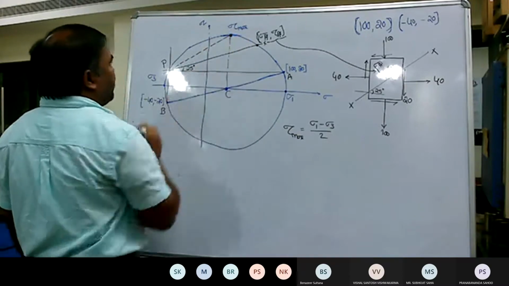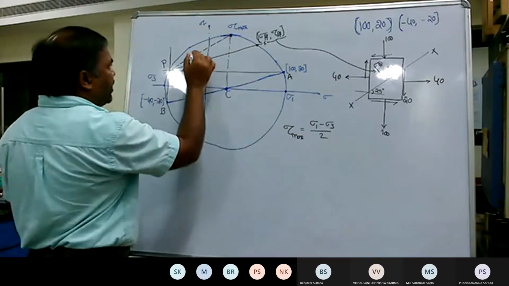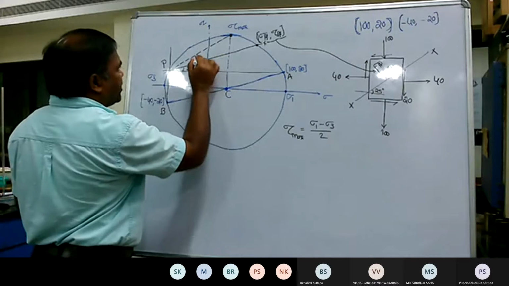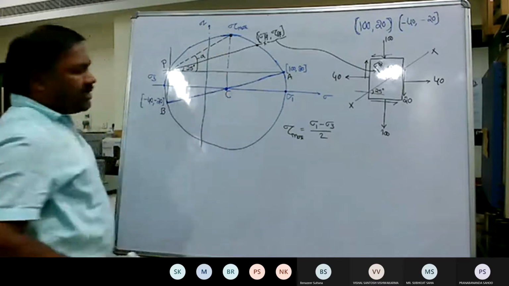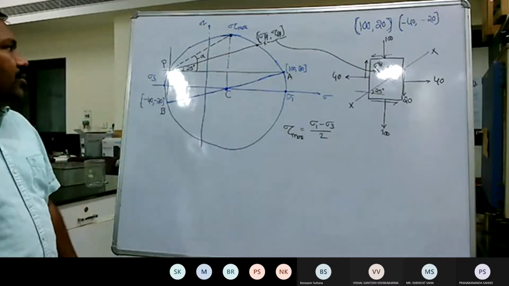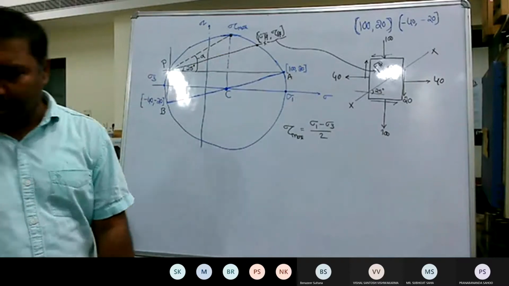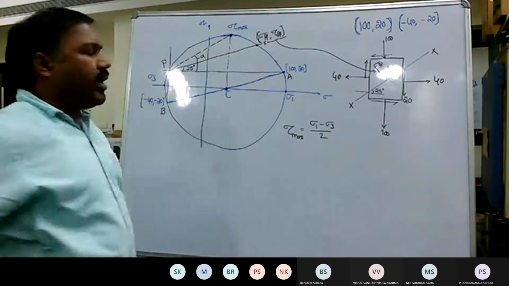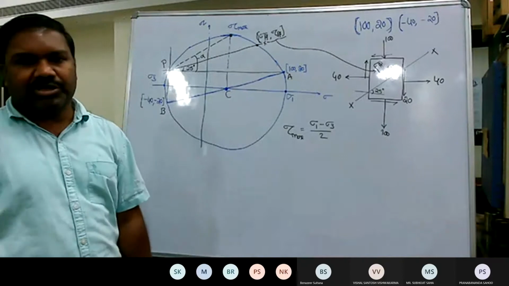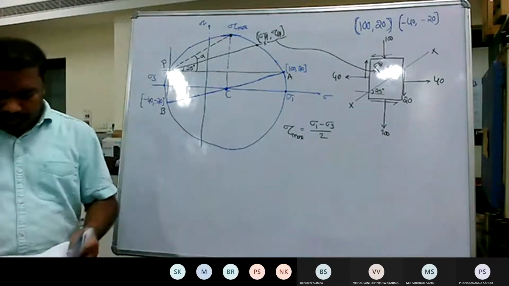This will become the angle, this is alpha. Alpha means the angle made by the failure plane at maximum shear stress condition.